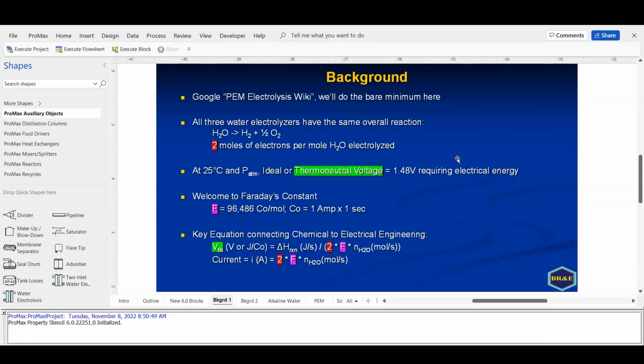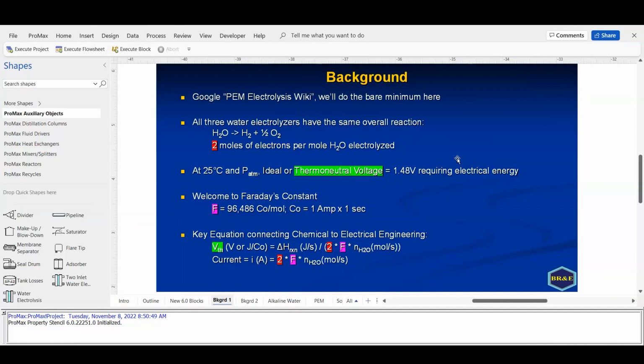When you go in there, you'll see that the different electrolytic processes that convert water into hydrogen and oxygen involve different types of half reactions. All the electrolyzers have different sets of half reactions, but the good thing is that they all end up having the same overall reaction.